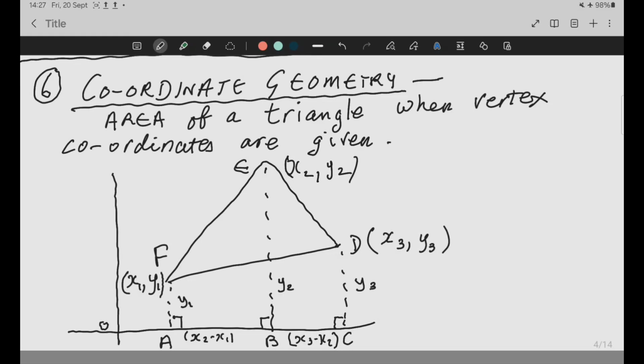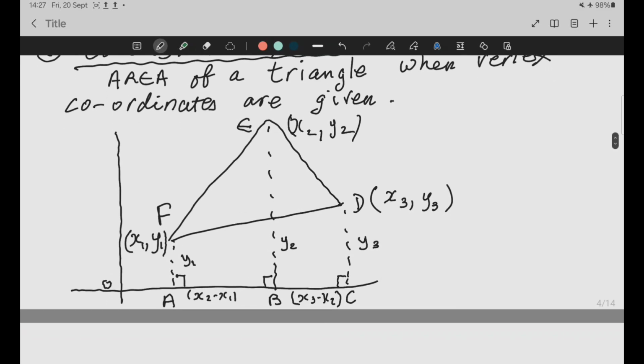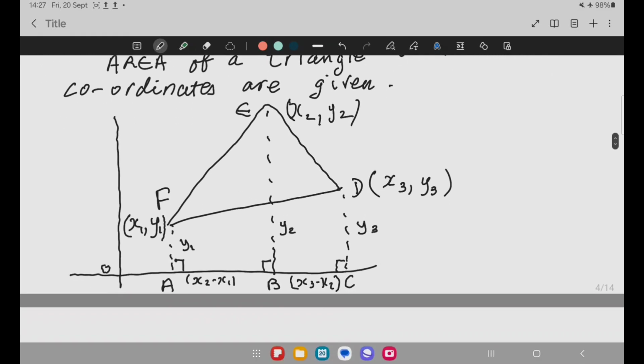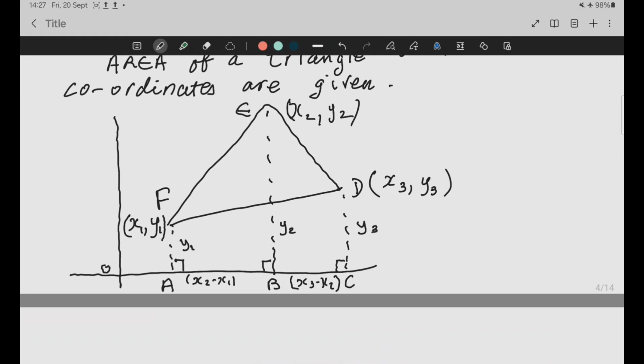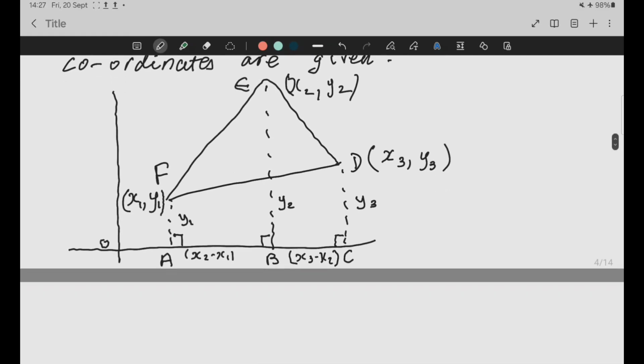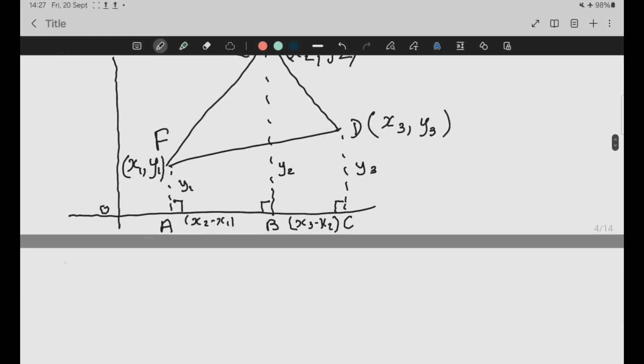So, we first of all find the area of the entire shape A, B, C, D, E, F. So I'll write that down. The entire area A, B, C, D, E, F. It's comprised of two trapeziums, as you should be able to see.